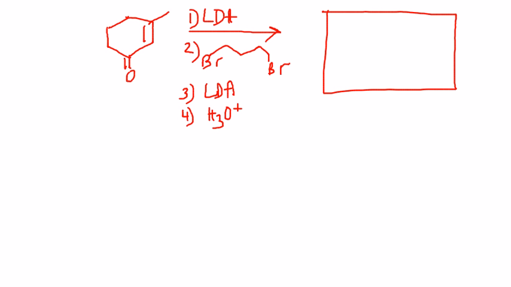Okay, let's talk about a box problem for this particular video. I think that's the fifth or the sixth problem. So I'm treating this alpha beta unsaturated compound, and that's all I have for now. And I'm treating that with LDA. So LDA is a base. It's going to take away the most acidic proton. Realize the only acidic protons that are present are right over here.